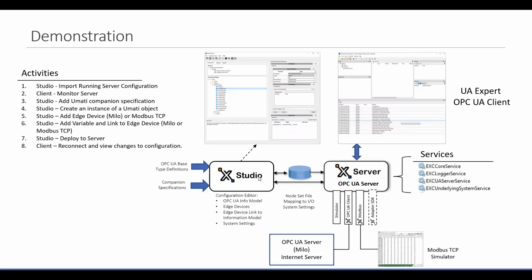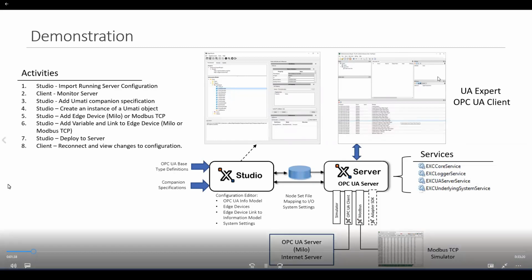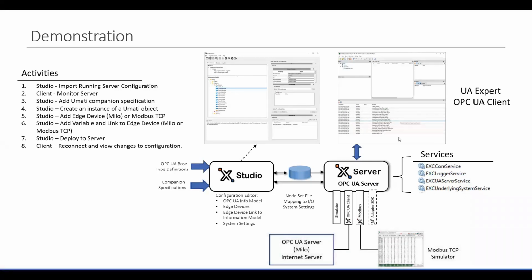Once I deploy a configuration to the runtime, I can then connect with the UA Expert, which is a generic OPC UA client. Many of you will know it. It's actually made by Unified Automation, and we can verify that the configuration and the server and the values are behaving as expected.